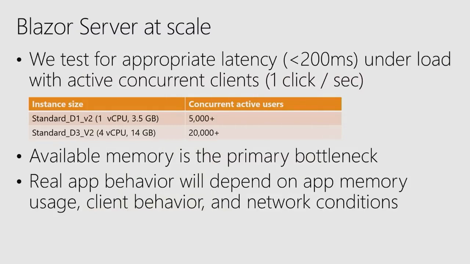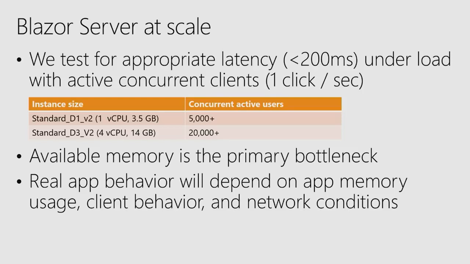Now, Blazor Server is built to scale. Blazor Server can handle tens of thousands of concurrent active users. We test Blazor Server at scale by taking a Blazor Server app and then hammering it with increasing number of active concurrent clients. These are active clients, so they're interacting with the UI, clicking on things about once per second.